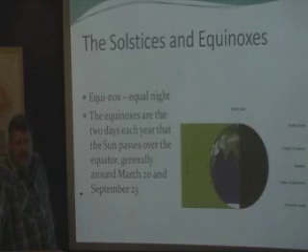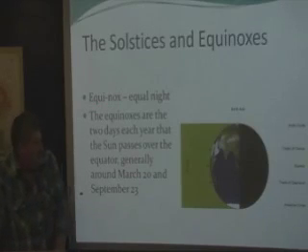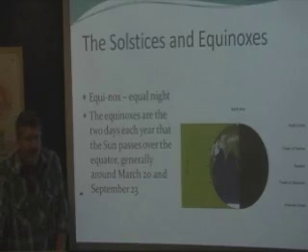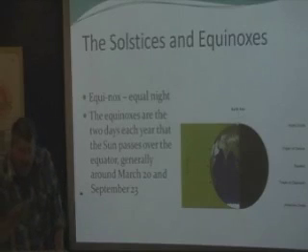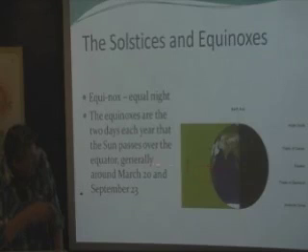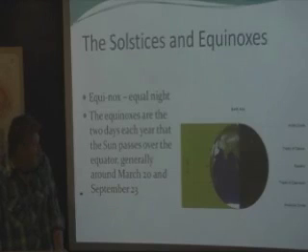There are 2 days each year, in September and in March, where the sun, in its apparent motion, it's actually due to the fact that the Earth, as it revolves around the sun, tilts. But there are those 2 days when the sun's rays are direct upon the equator, and those are the equinoxes. The length of the day and night is equal.